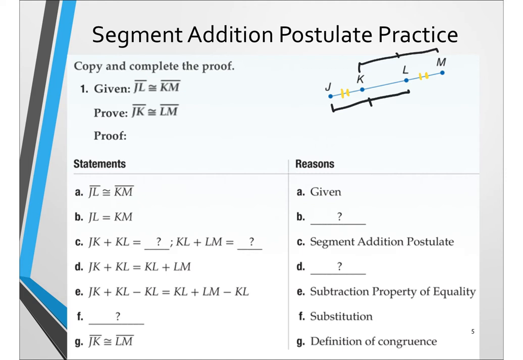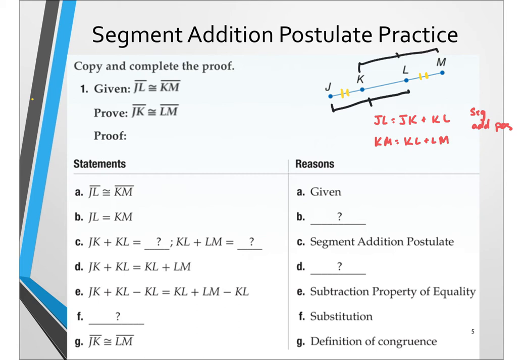So I'm going to make some notes off to the side. Now, I see I have JL. Well, let's explore what we know about JL. We know that JL is going to be equal to JK plus KL, due to the segment addition postulate. And by that same postulate, I know that KM is going to be equal to KL plus LM.